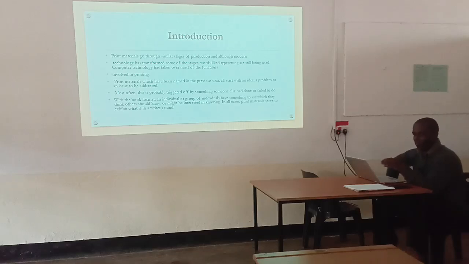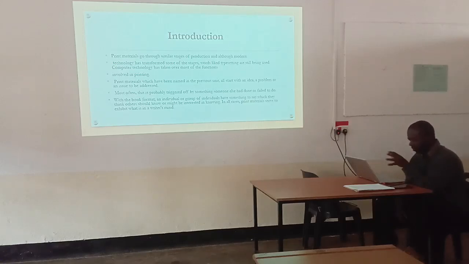In the background of the printing processes, there was a printing machine that was invented, and they had physical type, right? They had physical characters that were used to print on the paper, right?